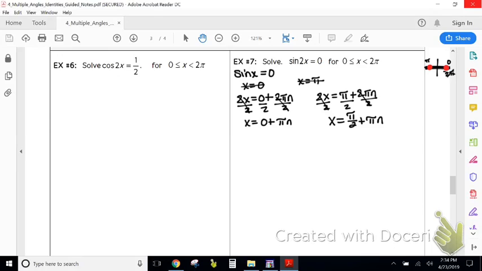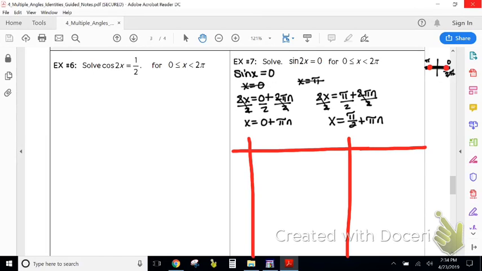So this is where we're going to build our table. So we're going to plug in when n is 0.